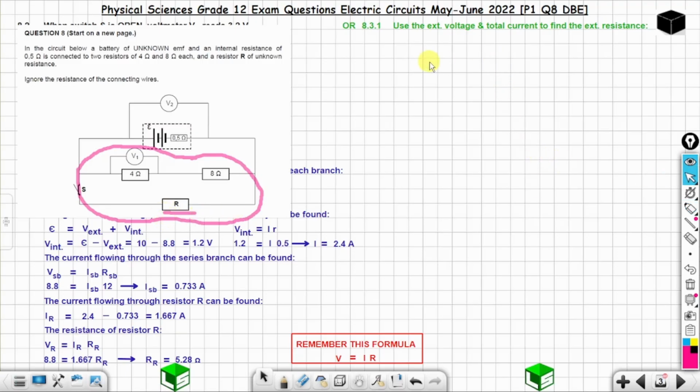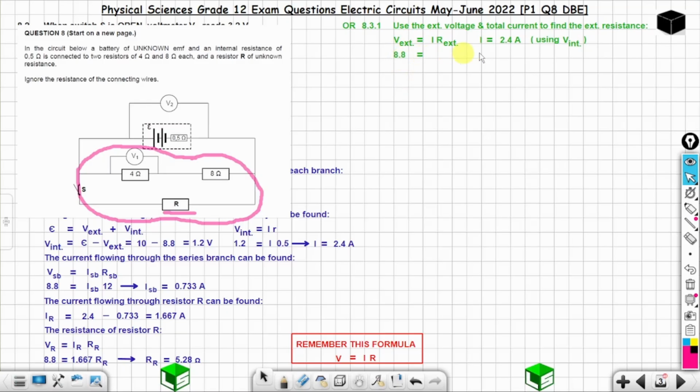So you have this formula for the external voltage. This is equal to current times external resistance. So you have the current from the battery. Using the internal voltage, you can find the current from the battery, as we did in this question. Now you have the external voltage, which is 8.8.